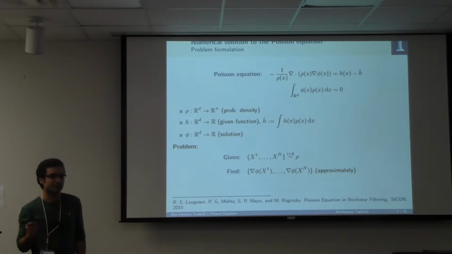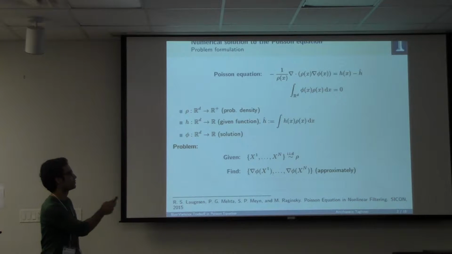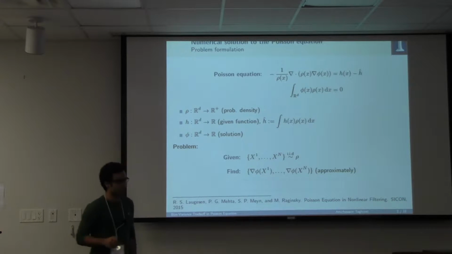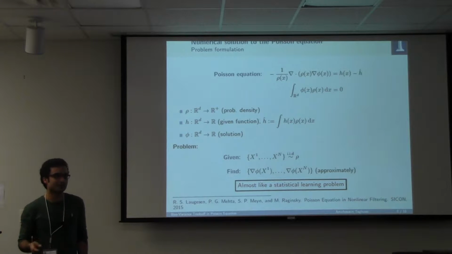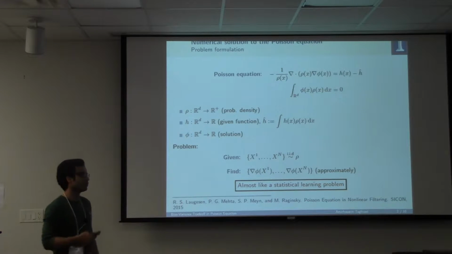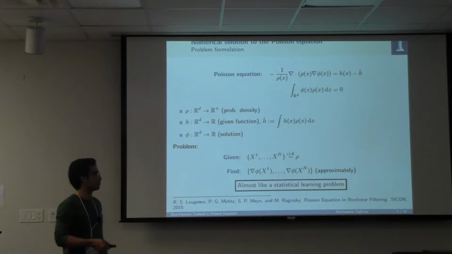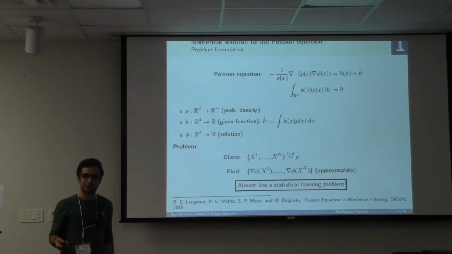The challenge here is that we don't know the probability distribution rho explicitly. We are only given n samples from rho. So this is almost like a statistical learning problem. There also you have training data from some unknown probability distribution, and you want to find some hidden function like a classifier.